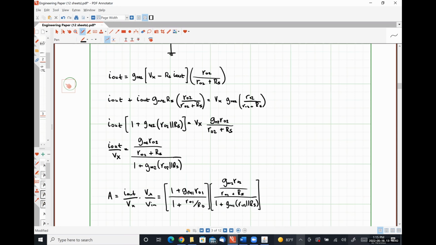Literally multiply those two things together. There may be simplifications that can be made. I'm not entirely sure if that's true, so I'm just going to leave it like this.